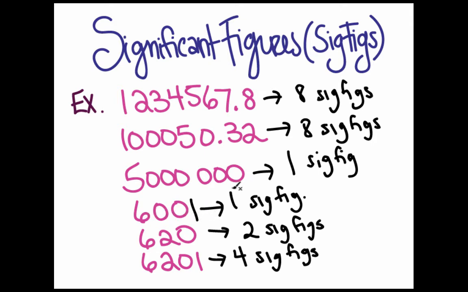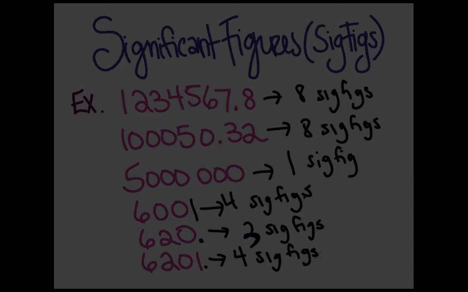This would now become 4 sig figs. If, for example, you have 620 decimal, this would now become 3 sig figs. And the last one, if you have 6,201 decimal, that would still remain 4 sig figs.